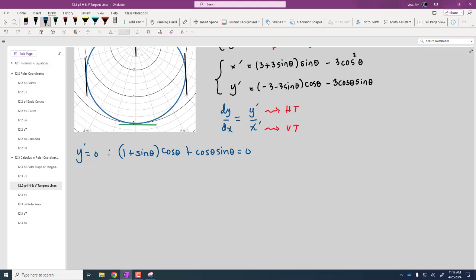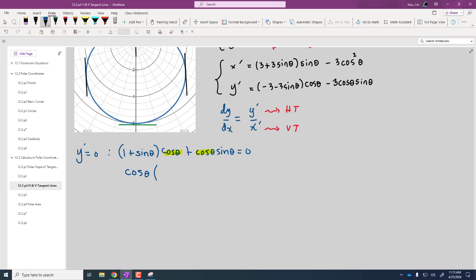So here we want multiplication. The only way to solve a trig equation is to have multiplication equal to 0 so you can use the zero product rule. What is common to both of these terms? Cosine. So we factor it out, regular algebra stuff. We pull the cosine out.